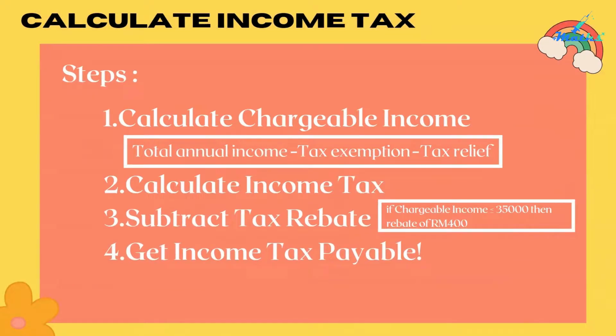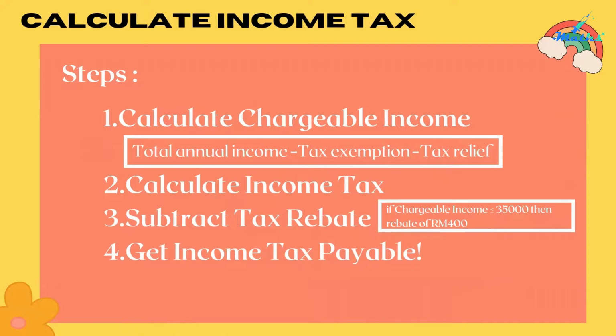So first is the income tax. These are the steps to calculate the income tax. The first step is to calculate the chargeable income. The formula is the total annual income minus tax exemption and minus tax relief.